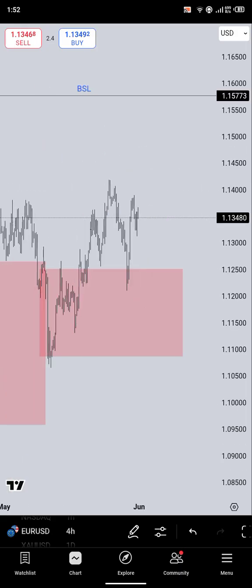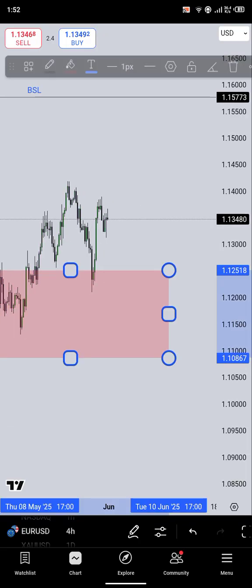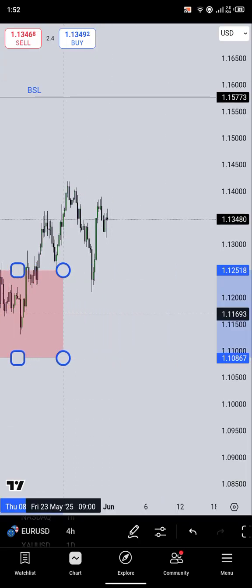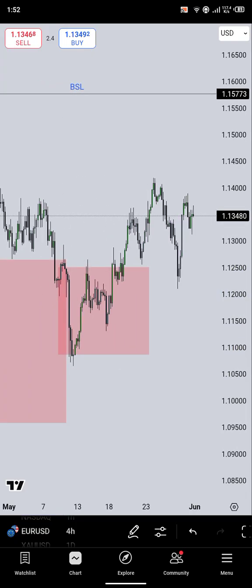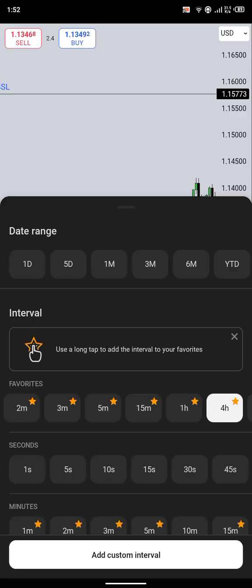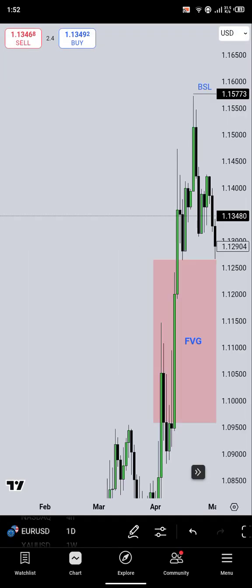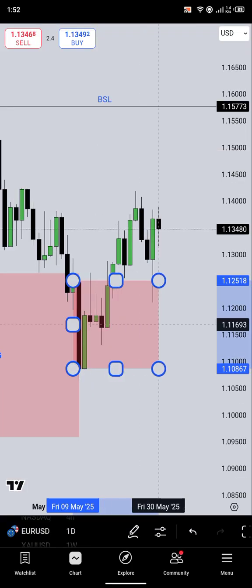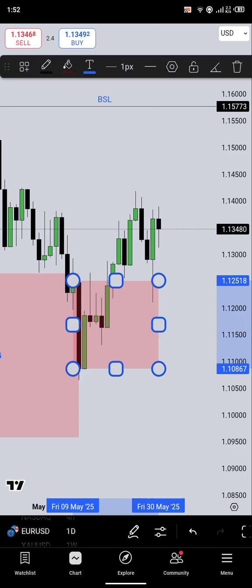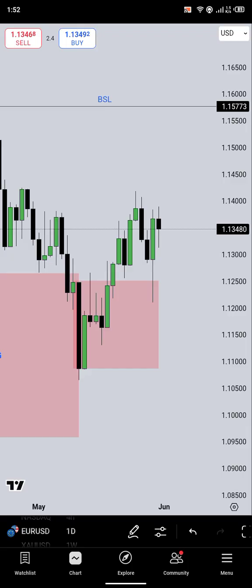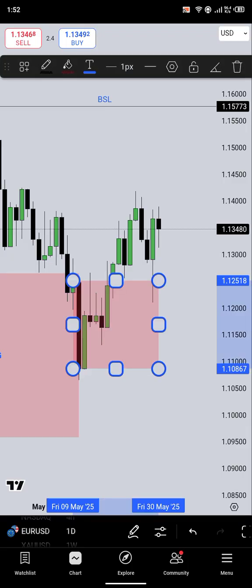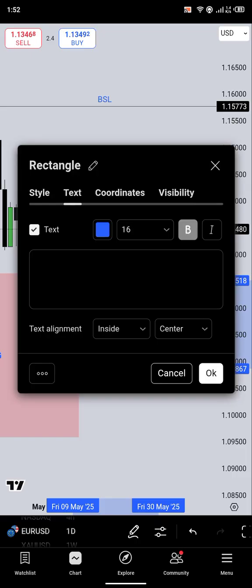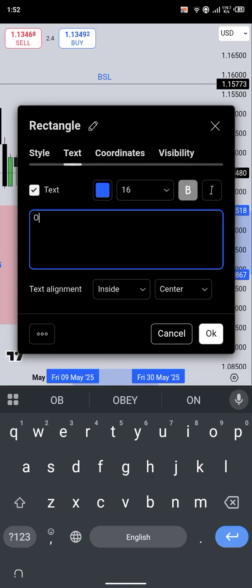Let me shift this. Order block, which is for a short OB.